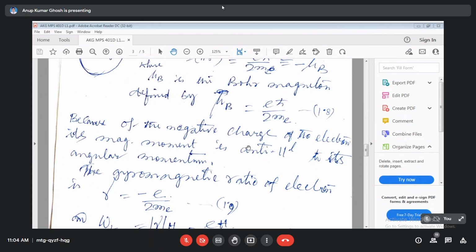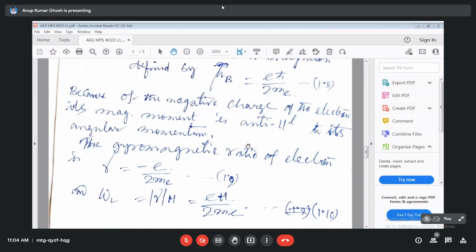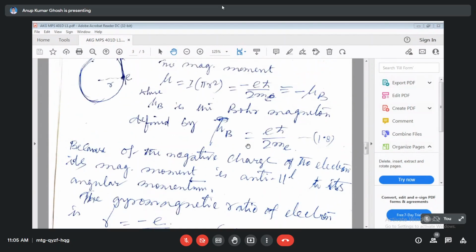And because of the negative charge of the electron, the magnetic moment is antiparallel to its angular momentum.